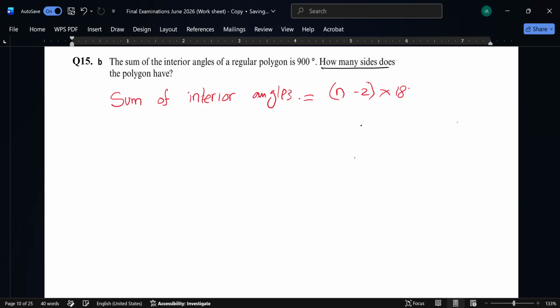Now the question is, what is n? Again, n tells you the number of sides. In this case, we don't know how many sides we have. But what we know is the sum of the interior angles is 900 degrees, given. So what is n? We don't know.